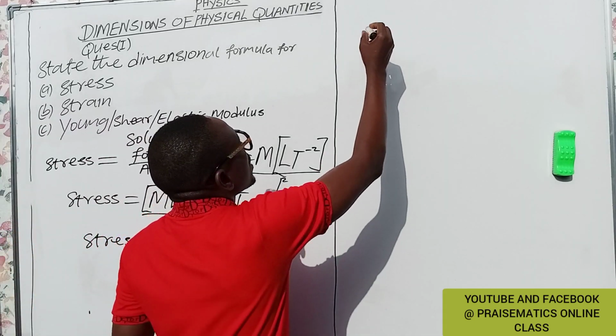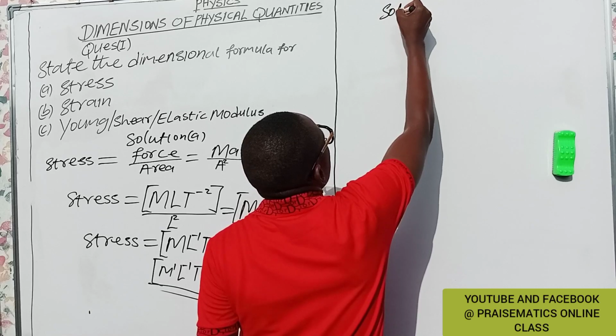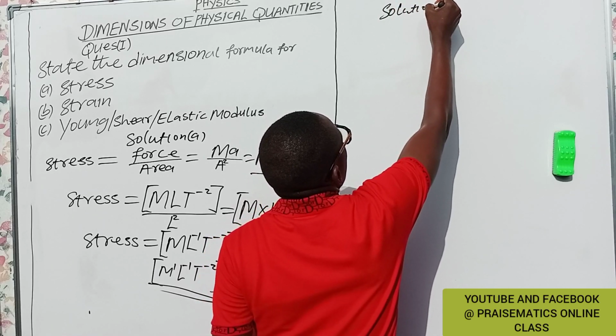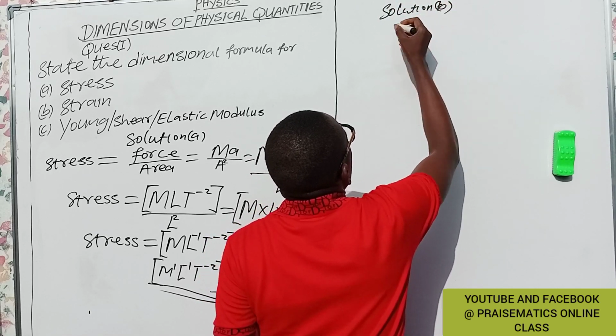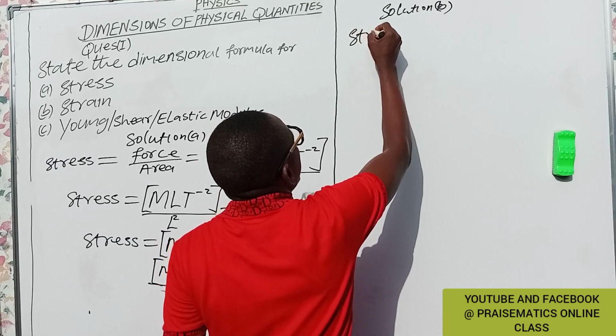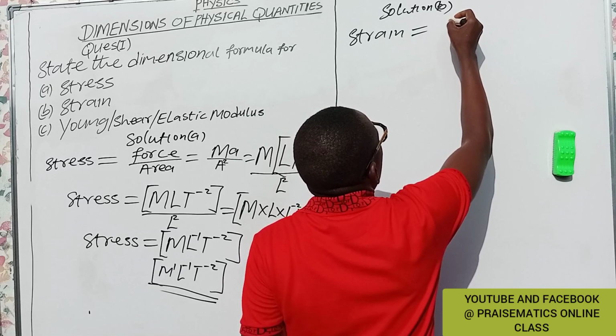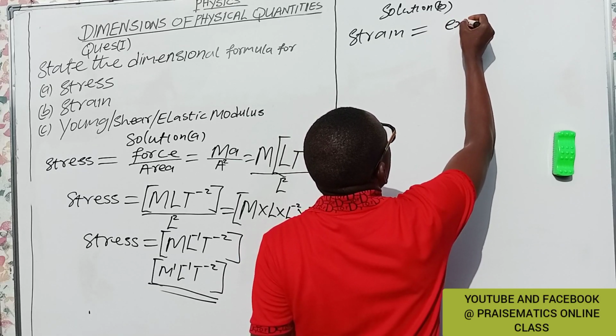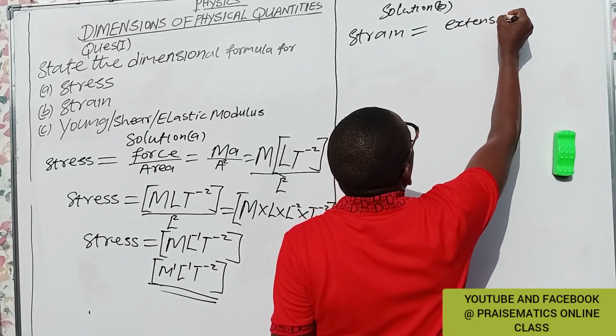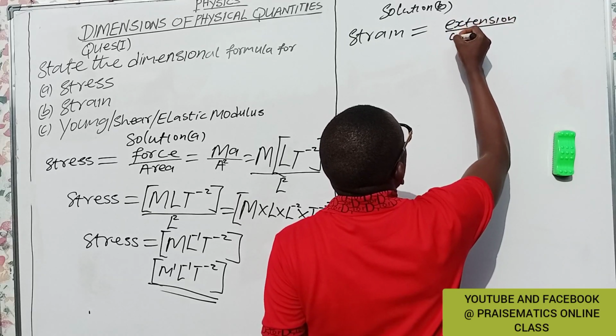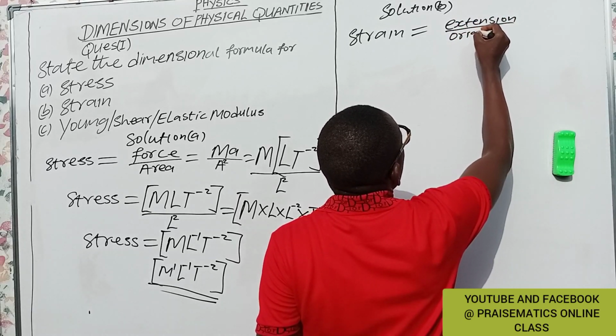Okay, now second, solution B. We have here strain. Strain is defined as what? The extension over the original length.